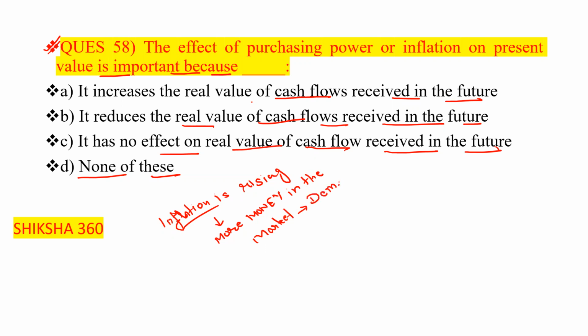That's why RBI increases the interest rate, as in the months of May and June, due to high inflation. There is more money in the hands of the people, so it leads to more demand and a rise in the price, or a decrease in the real value of cash flows.